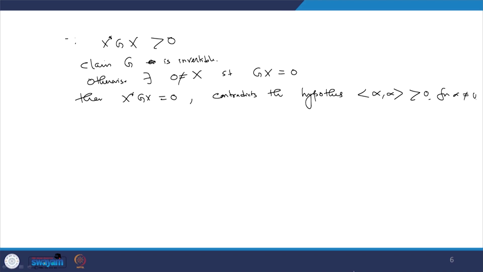Now, the question is, if an invertible Hermitian matrix which is also positive definite is given to us, is it possible to introduce an inner product in this space V?